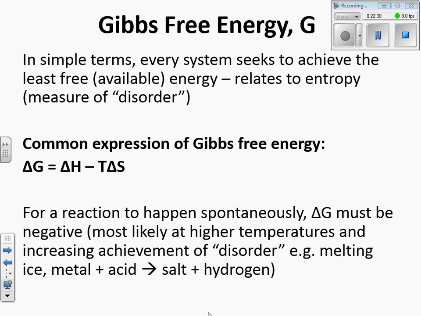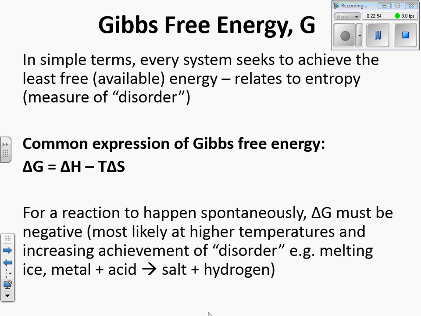Now, in order for a reaction to happen without us doing anything to it, you've got to have a negative value of delta G. And I've put on here most likely at higher temperatures, and if you think about this, the bigger that number is, the more likely you are, when you take it off that, to have a negative number, aren't you?